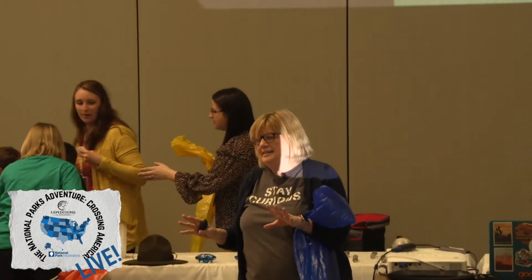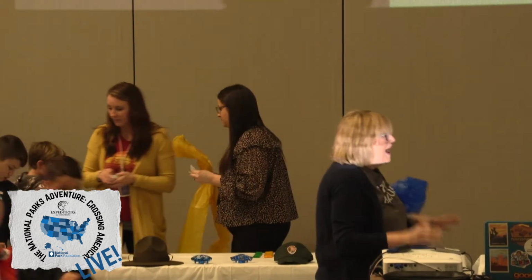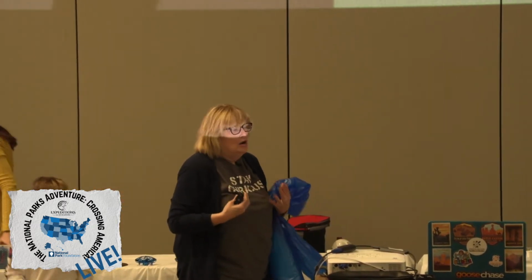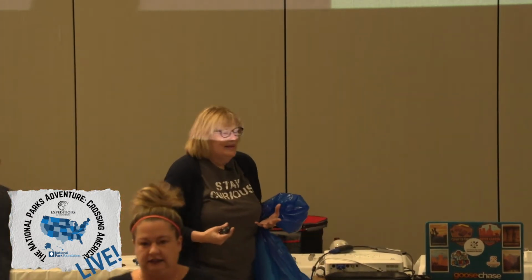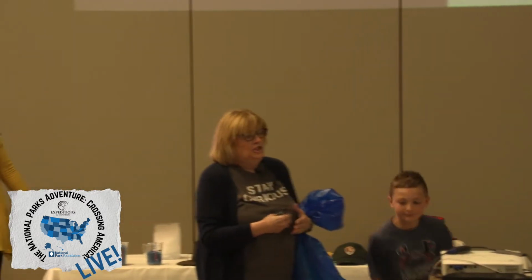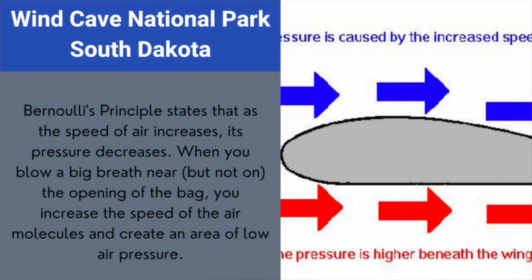All science can be explained, and all magic is really science. So it wasn't that I was a better blower-upper or had more hot air. What I did that they didn't know to do is use something called Bernoulli's principle. And if you look at this drawing up here, that is an airplane wing.